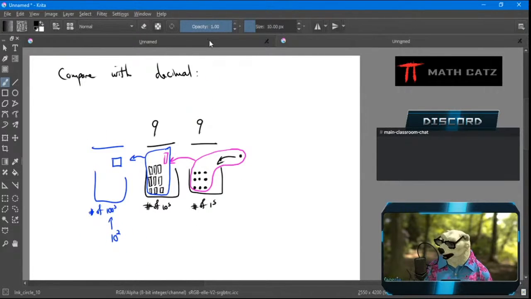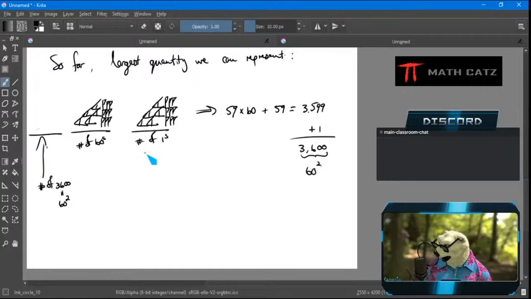Just like in the decimal system, ones, tens, hundreds, thousands, it's powers of 10 because we're counting in groups of 10. Now we're counting in groups of 60, so the place values are powers of 60. But it's not that foreign. Once you go past the appearance and the fact that we're working in 60 and not 10, it works the same way. Okay.